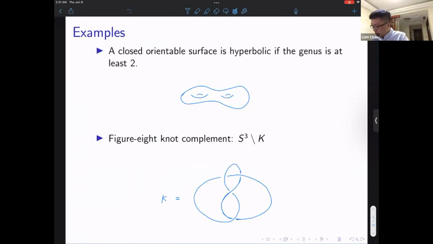For some very basic examples of hyperbolic manifolds: in dimension 2, the genus 2 orientable closed surface is hyperbolic. And in dimension 3, the figure-eight knot complement is hyperbolic.